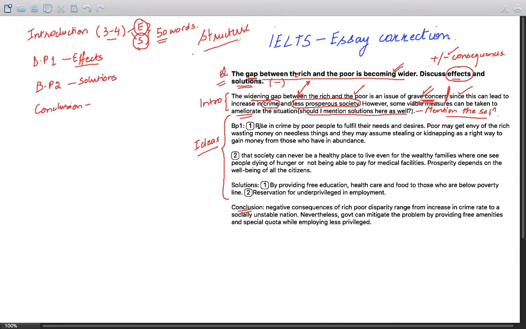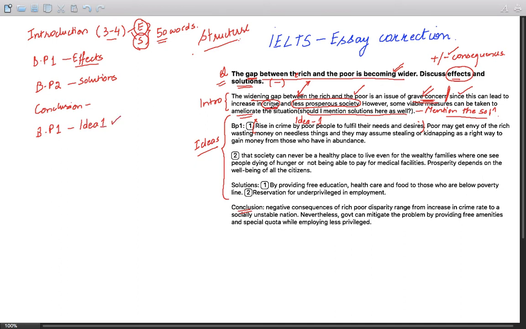Body paragraph 1. The first point is rise in crime by poor people to fulfill their needs and desires. So this is the idea. The first sentence is the idea, and this is idea 1. So in body paragraph 1, we can comfortably state that idea 1 is clearly mentioned and it is related to crime.